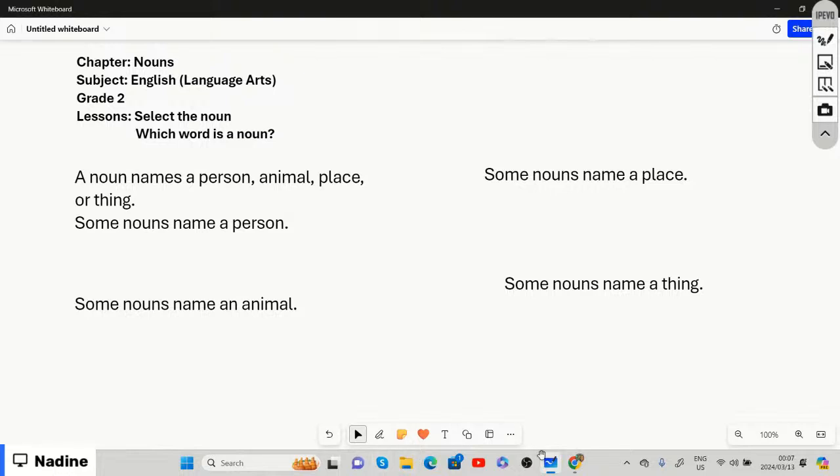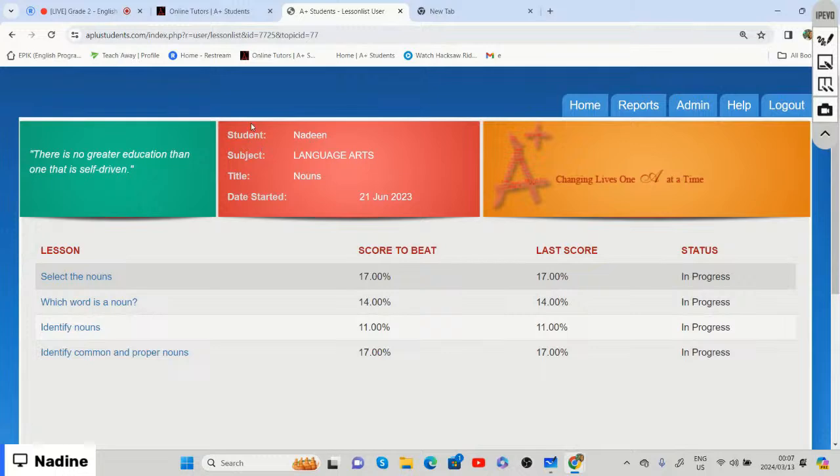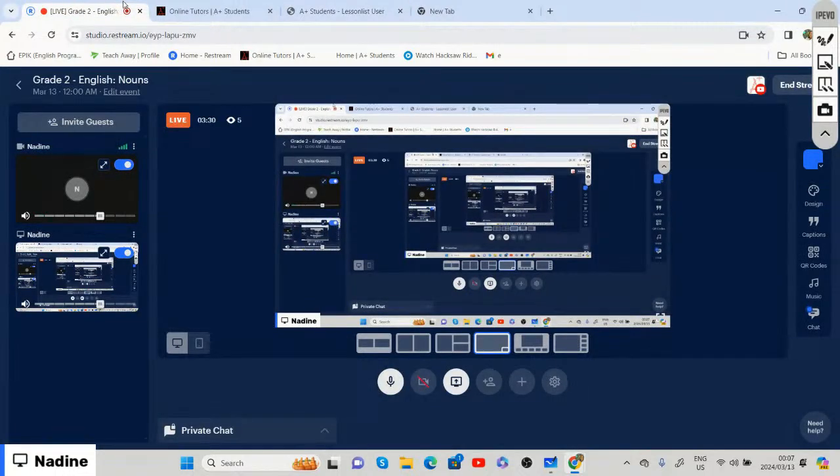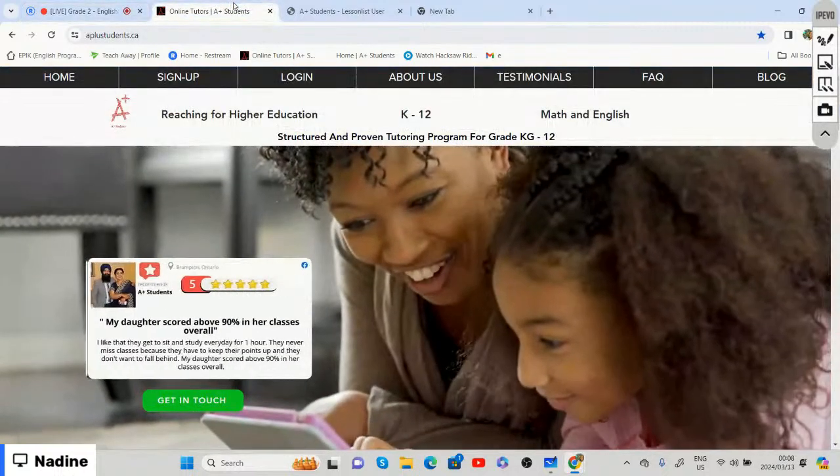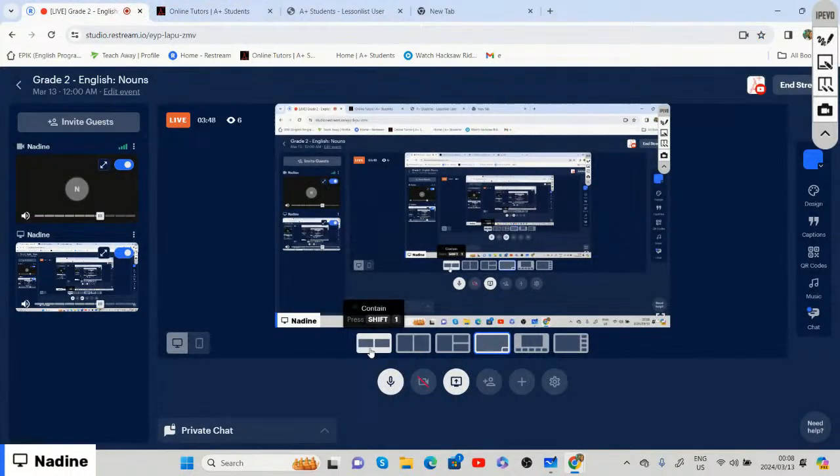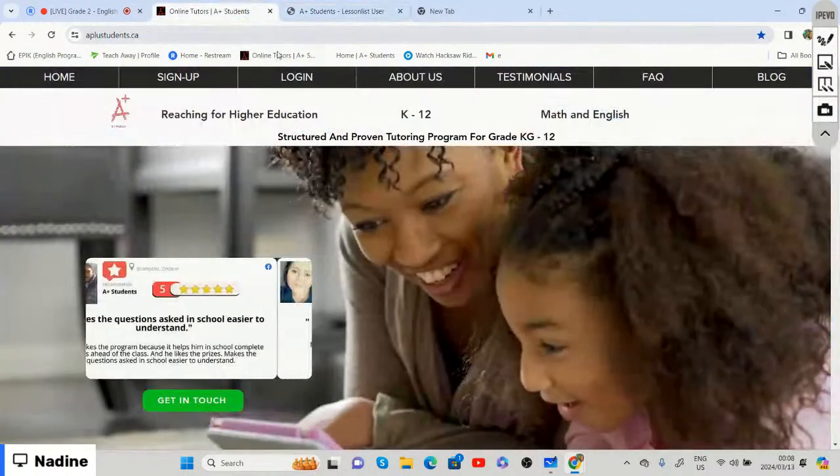Can't see my screen. Let me just double check. Can you see my screen now? I can see my screen when I go onto the live. Can you see my screen now?